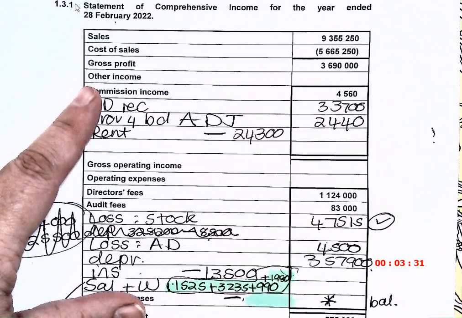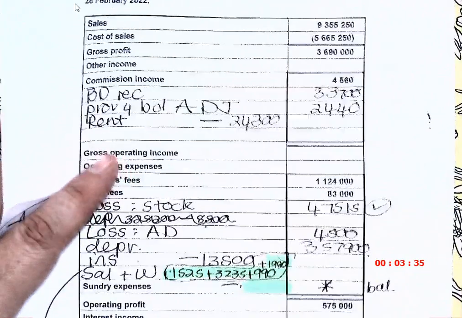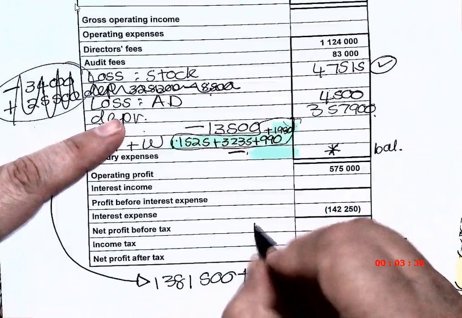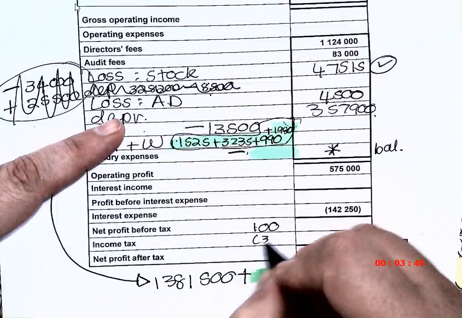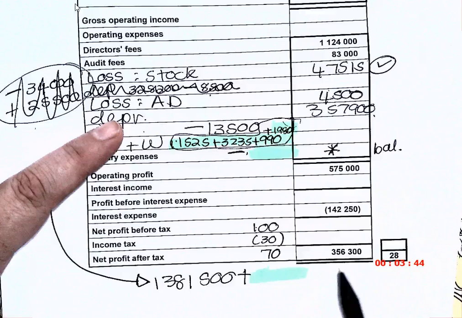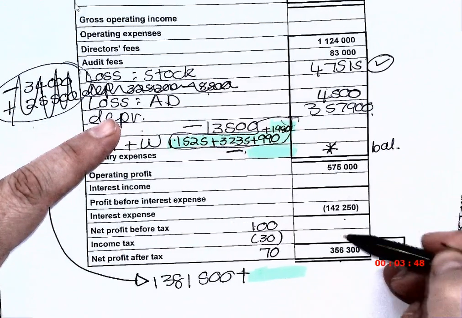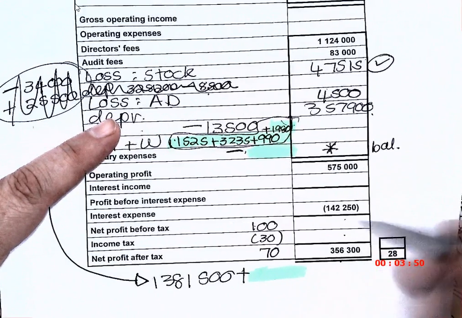They give me my income tax is 30% of net profit. Remember, this is 100, this is 30, meaning this is 70. They give me this. So I can either calculate the 100 or I can calculate the 30.